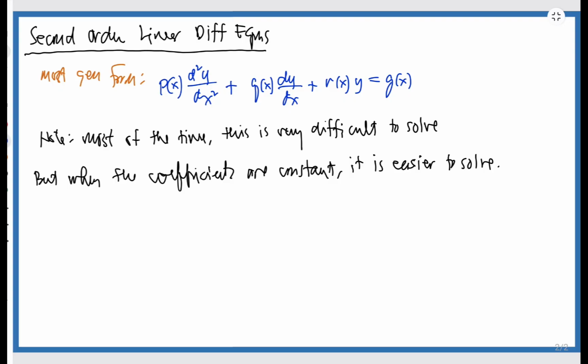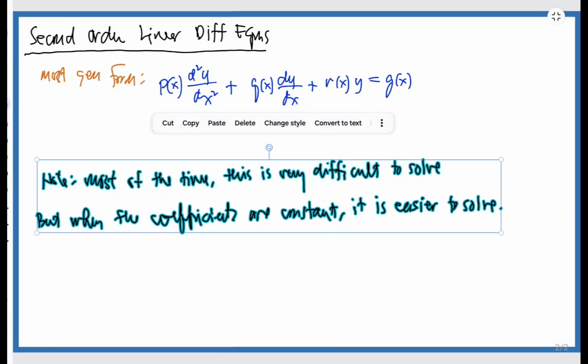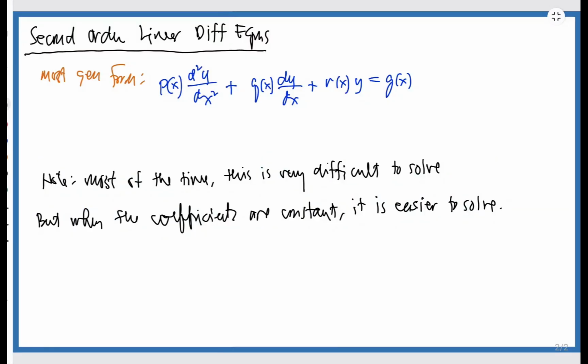Say a constant A. By the way, we don't usually use this notation because it's difficult to write. You can also write this as the function p of x y double prime plus the function q of x y prime plus the function r of x y equals another function g of x.